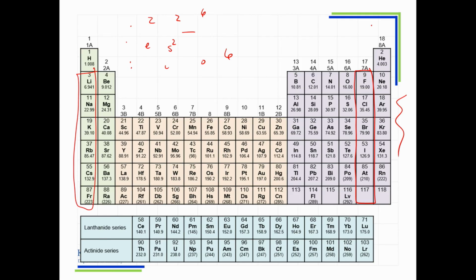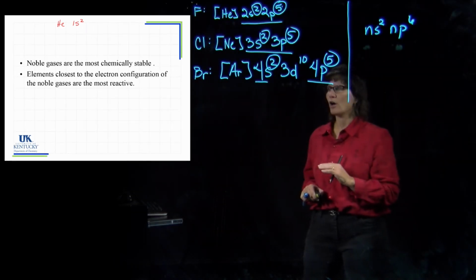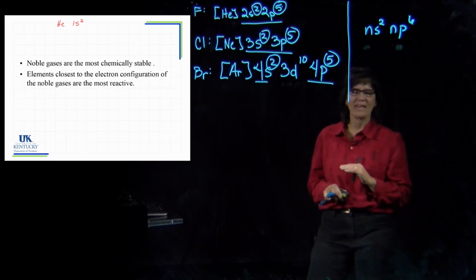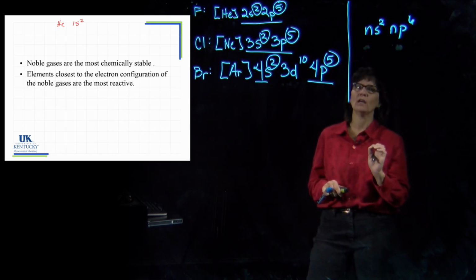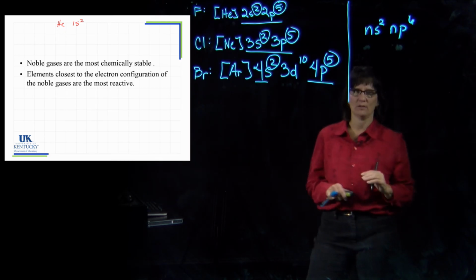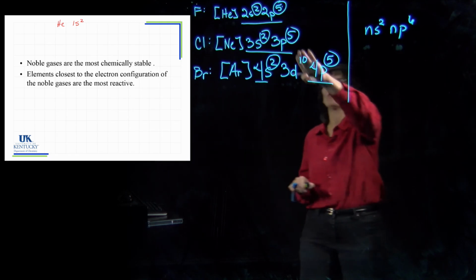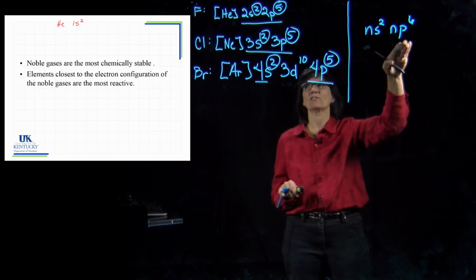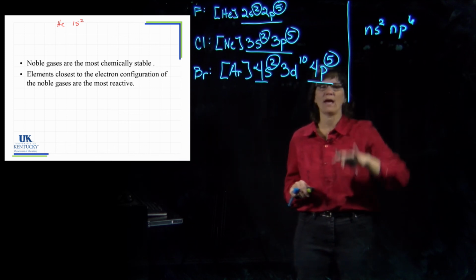It's those guys that are the most chemically reactive, okay? So closest to the electron configuration are going to be the most reactive of the elements because it takes very little energy for them to change their electron structure to become like the noble gases. The halogens would gain 1 electron. They would go from having 7 to having 8. So the halogens really readily can easily gain an electron and do that.